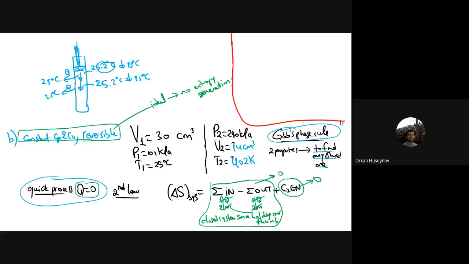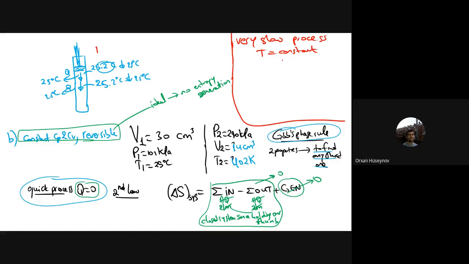Let's do that now. So the process is very slow. In that case, T is constant.